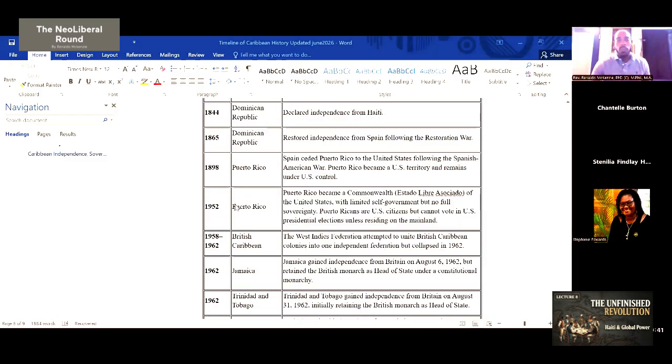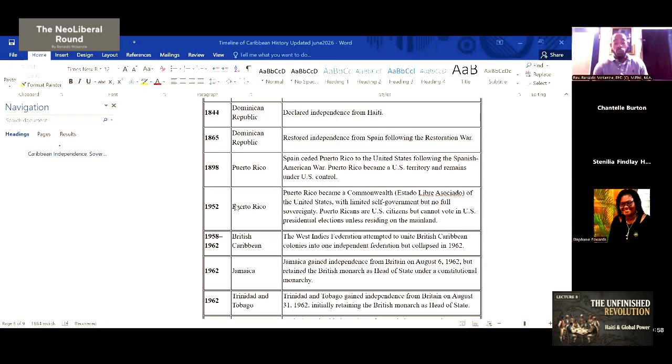1952, Puerto Rico again. Puerto Rico became a commonwealth of the United States with limited self-government, but no full sovereignty. They're part of the Caribbean, okay?